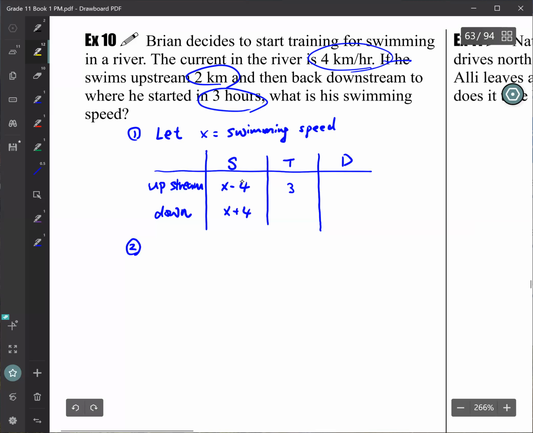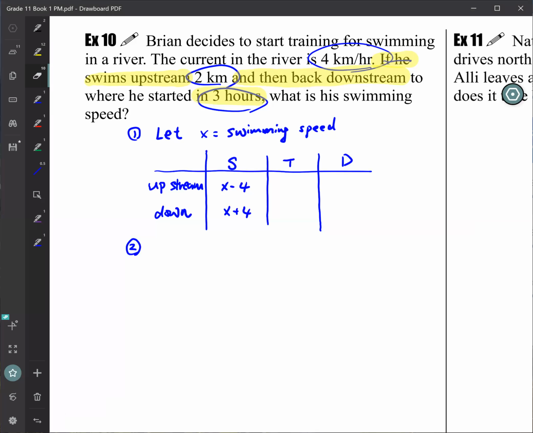If he swims upstream and back downstream in 3 hours. So 3 hours, is it for up or down? Or for both? Both. For both, right? Yeah, okay. So I cannot fill in the 3 hours in any of them. Okay?